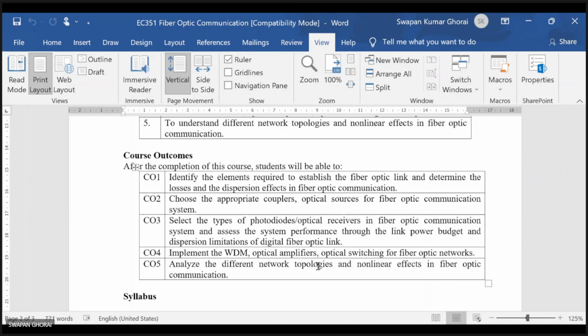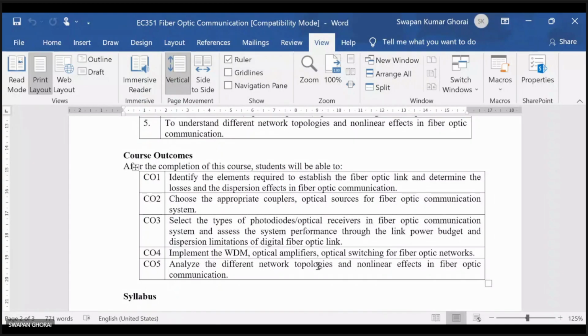Optical amplifiers can be of different types. One I have mentioned now, the EDFA. Apart from the EDFA, there is another one, the SOA, the semiconductor optical amplifier. So different types of amplifiers are there, and you can select a particular type of amplifier, switching, or WDM component for a particular network.